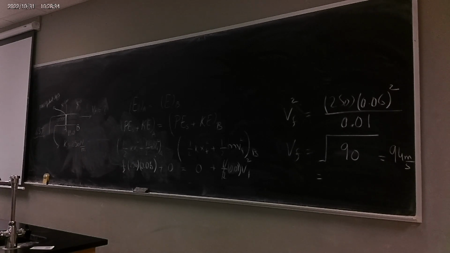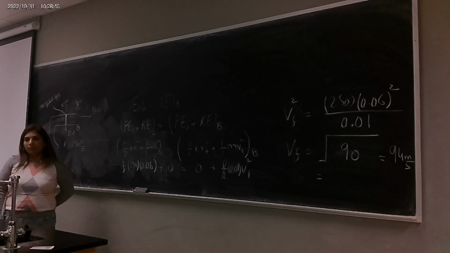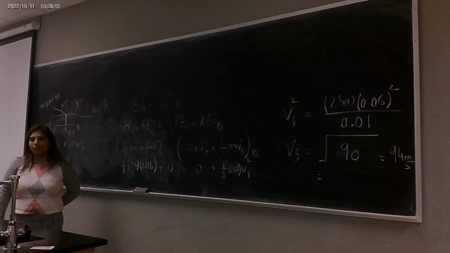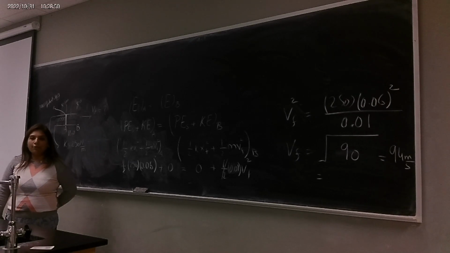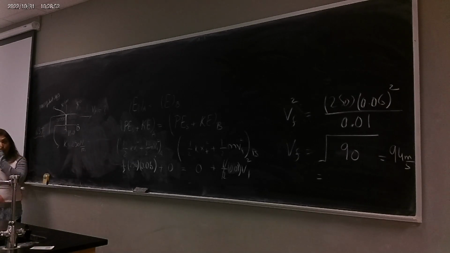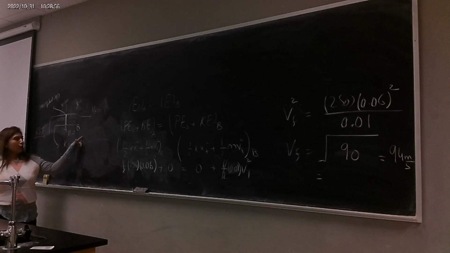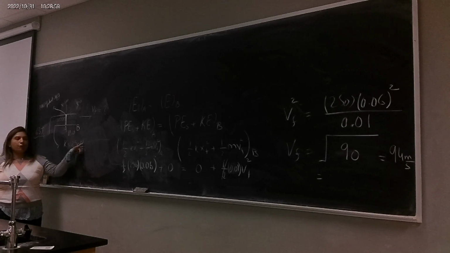All right. Any questions for this problem? SI units. You always convert everything back to SI units before you can solve them together, because this constant is designed with Newton and meter, correct?